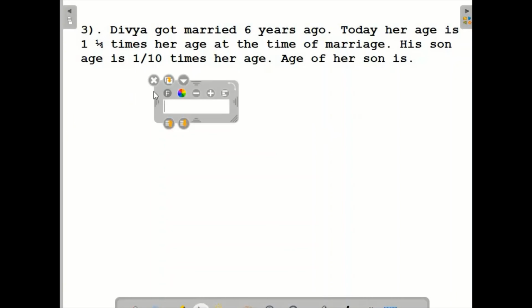We can take Divya's age as 1 1/4. Today her age is 1 1/4, so we have to make the mixed fraction into a common fraction. So 5 by 4.